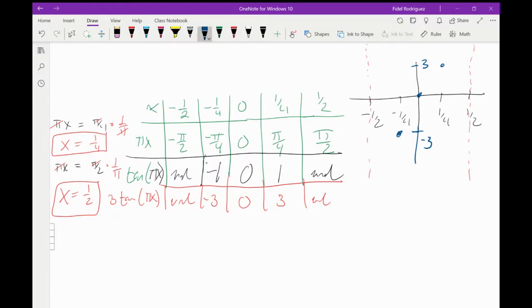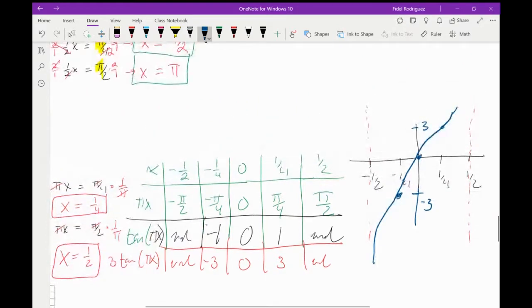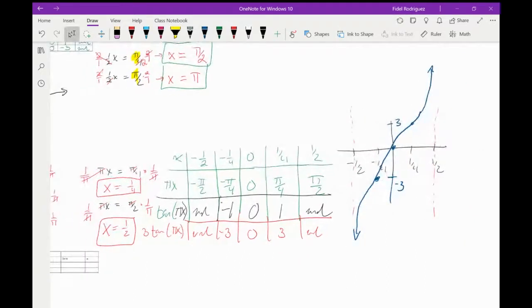And then the idea here is that my graph is coming up like this, and then it continues to rise and gets closer and closer to that asymptote. And we got it.